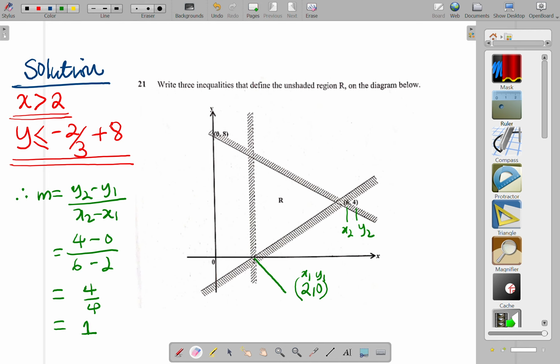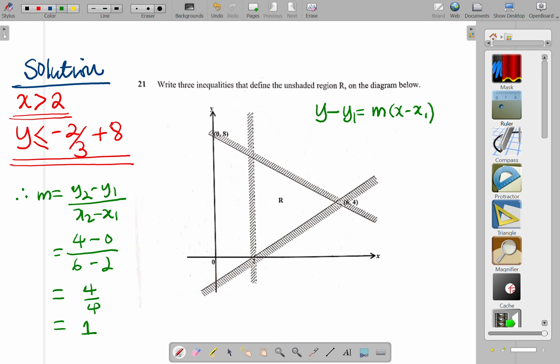Now since my m is 1 and I don't know exactly where the line is cutting the y-axis, I'll rely on the one-point form of the equation, and it goes like this. Therefore I have the gradient. So I'll say, using y minus y1 is equal to m times x minus x1.